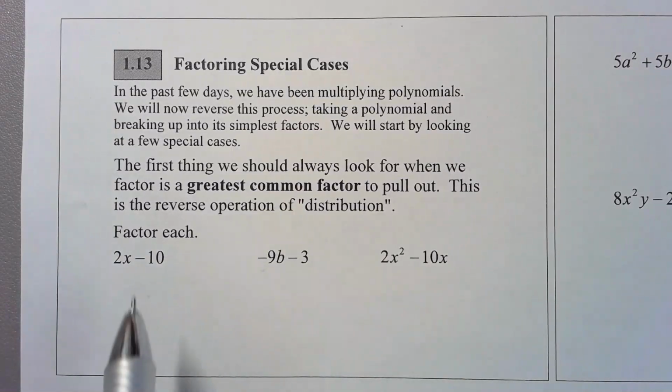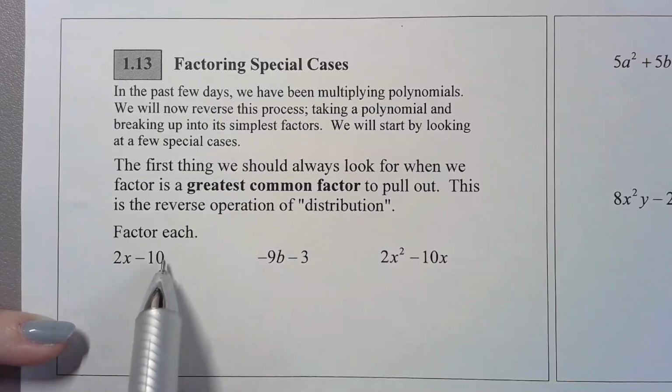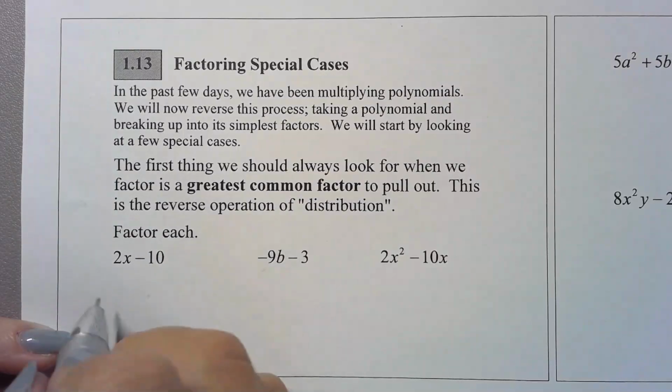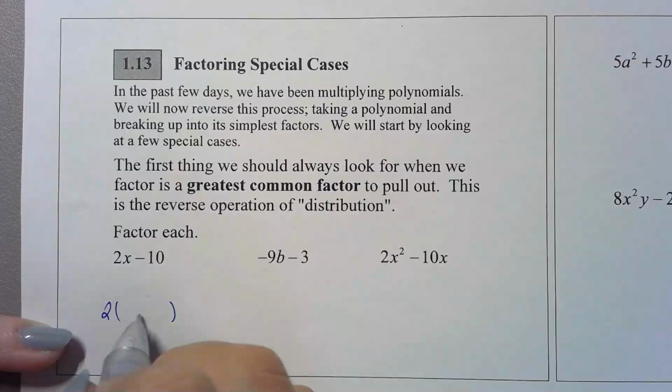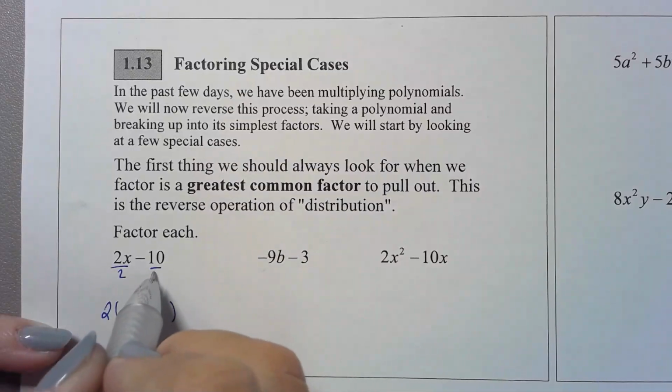So let's start a little simpler. I have 2x minus 10. That's two terms. Both of them are divisible by 2, which means they must have been multiplied by 2. So we're going to pull that 2 out in front. And when you undistribute, essentially what I'm doing, instead of multiplying the 2 in, you're going to divide it out. So I'm just going to write that down.